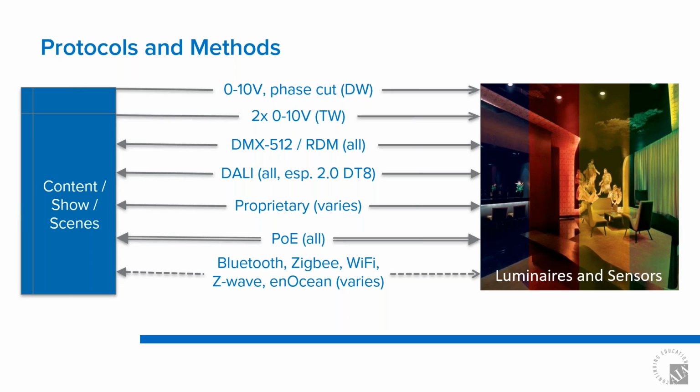You're also sending, depending on the level, power designation, or you're sending control signal as well. And then with Bluetooth and Zigbee, the communication is back and forth as well, but the reason why it's a dash line is because it's all wireless. So all of the solid lines indicate wired connectivity, and the dash line is wireless connectivity.